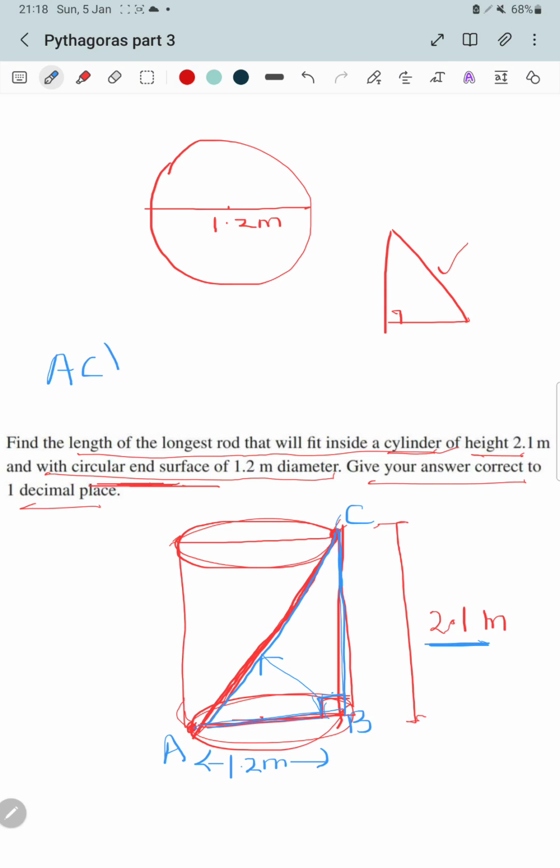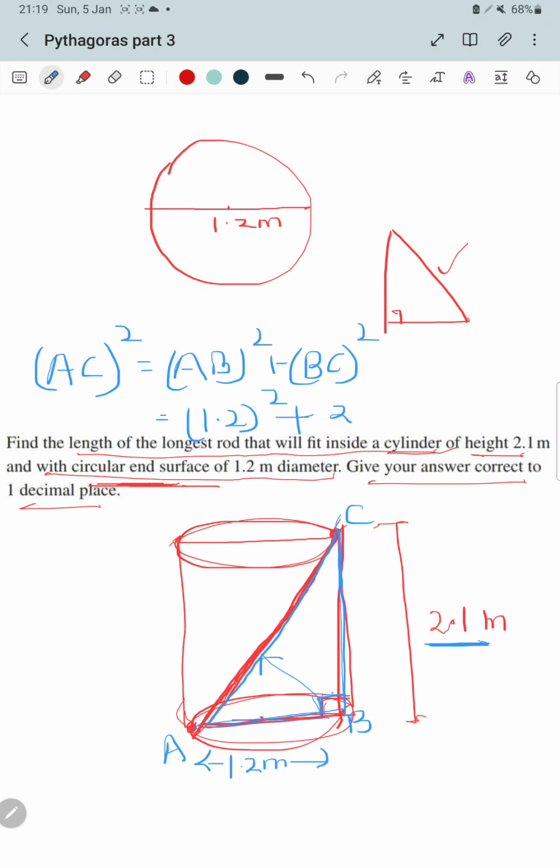So AC squared is equal to AB squared plus BC squared, and here you have to substitute the values. AB is 1.2 meter squared plus BC, which is 2.1 meter squared, and we will add them up.